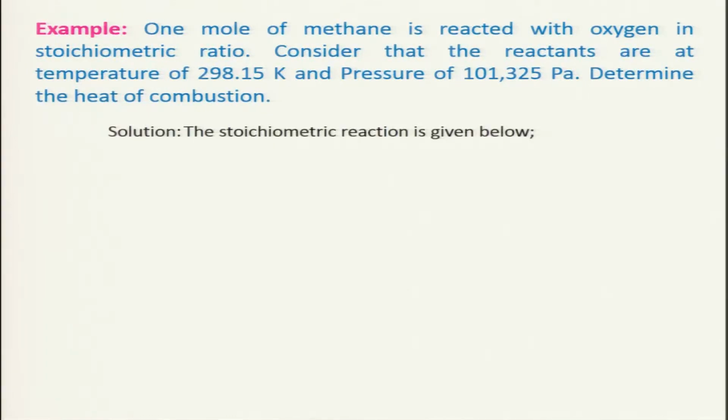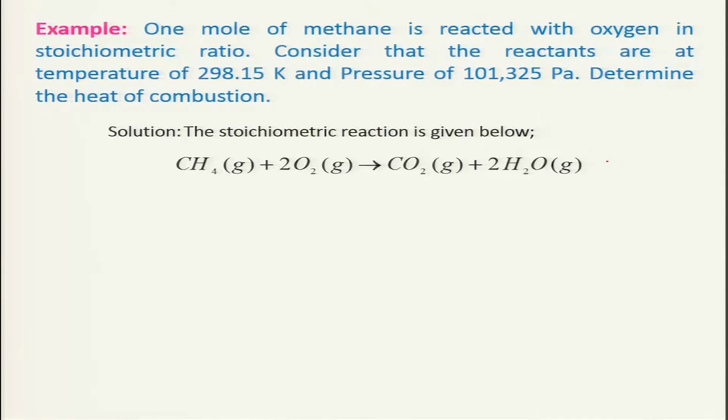The stoichiometric reaction we can find out: 1 mole of methane in gas form reacts with 2 moles of oxygen, also in gas form, giving 1 mole of carbon dioxide and 2 moles of water, both in gaseous form.